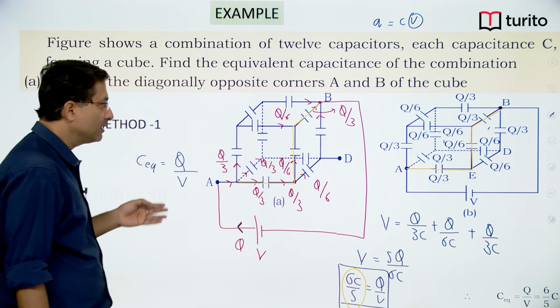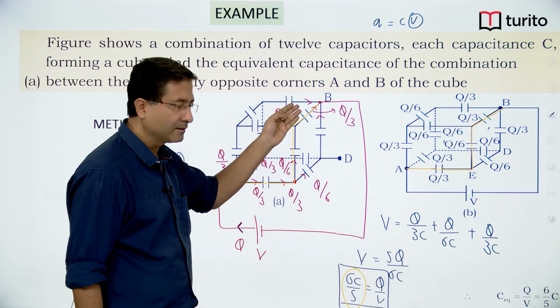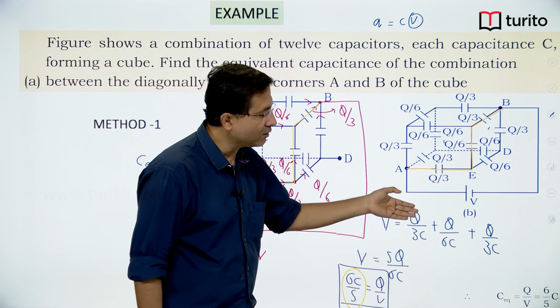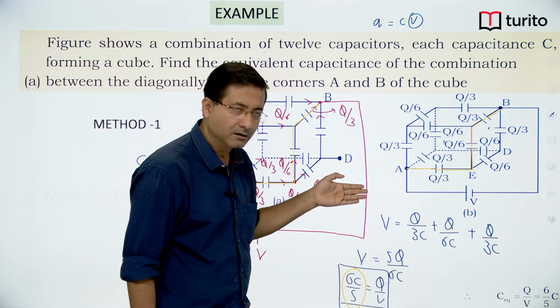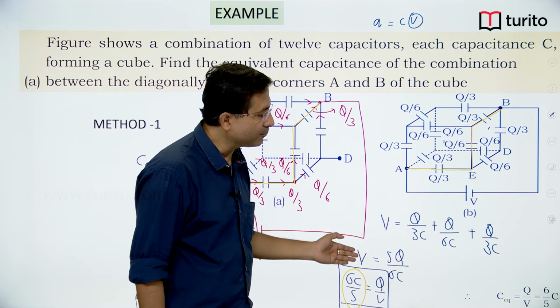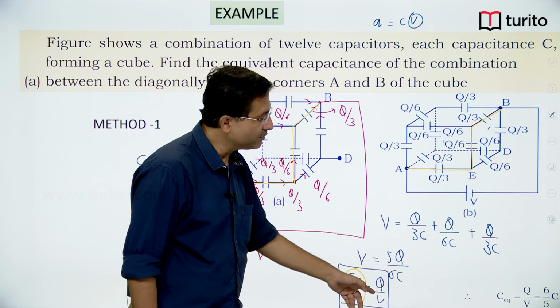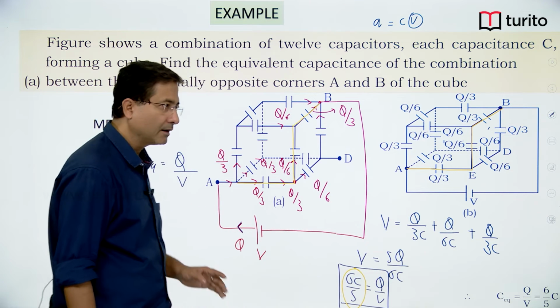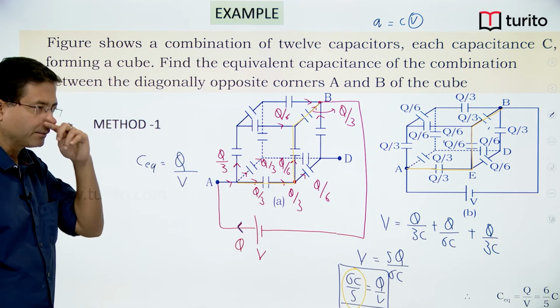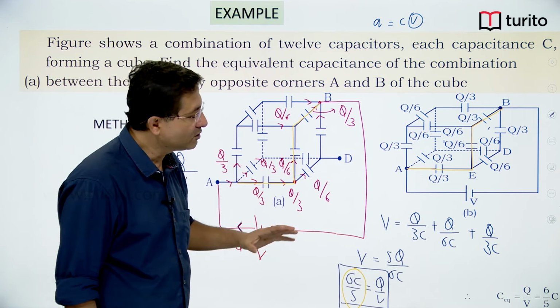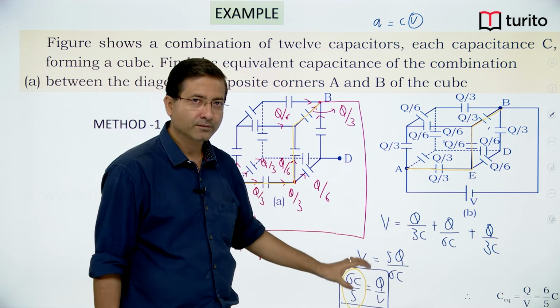So, the only option left is just to distribute the charge, apply Kirchhoff's law, and after applying it, try getting the relation between charge and potential difference. Whatever that ratio is, that is the capacitance of the arrangement. So, in any circuit, if you are unable to reduce the circuit further, this is the procedure we follow.